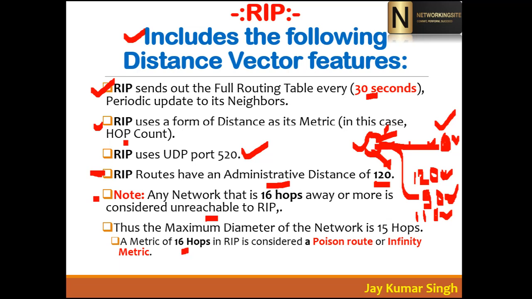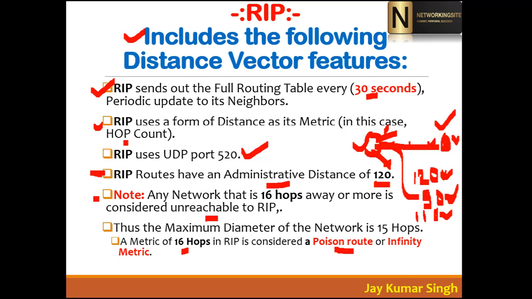Any destination which is 16 hops away is considered a poison route or infinity metric. Or if any link goes down, your router will start advertising to its neighbors that the network is down and that I'm not able to reach that network.